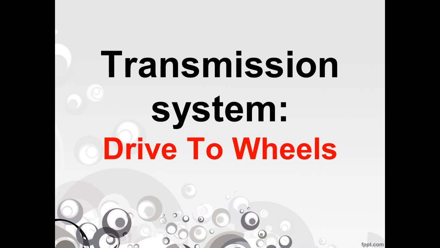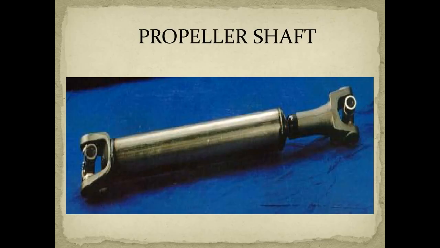Let us go for the first concept of this chapter, propeller shaft. It is also called drive shaft. The front engine rear wheel drive automobiles require a propeller shaft to connect transmission output shaft to the differential at the rear axle.